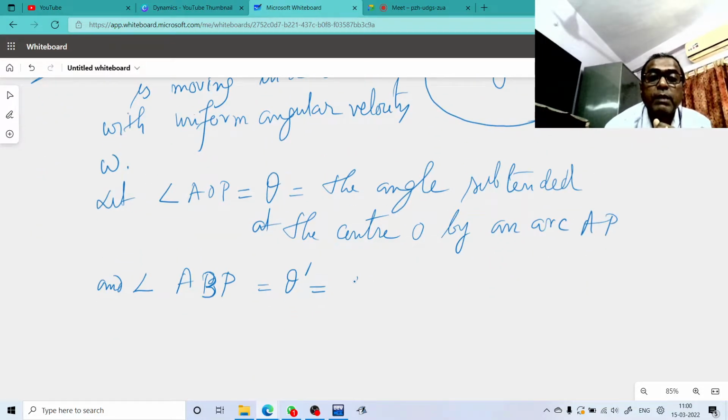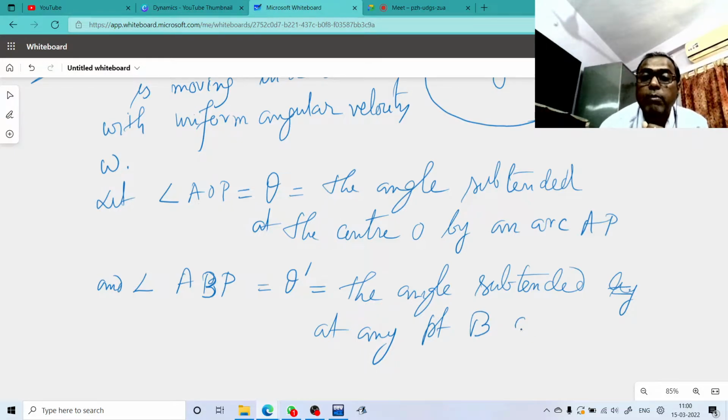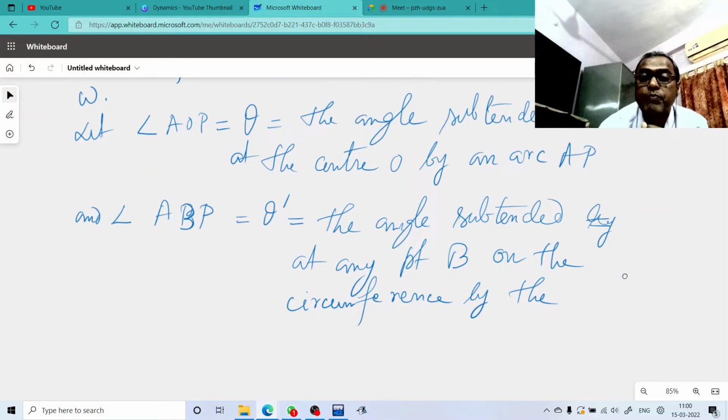This angle is subtended at any point B on the circumference by the same arc AP.